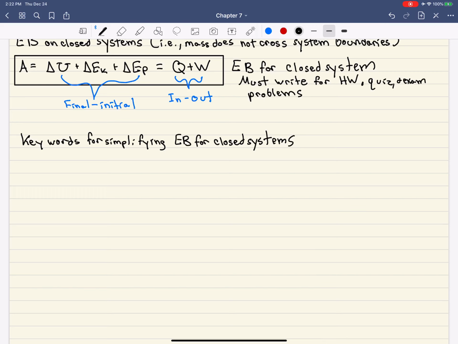Okay? And so let's consider the cases where your change in internal energy is going to be equal or about equal to 0.